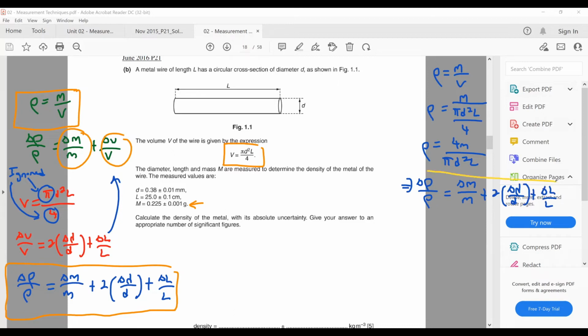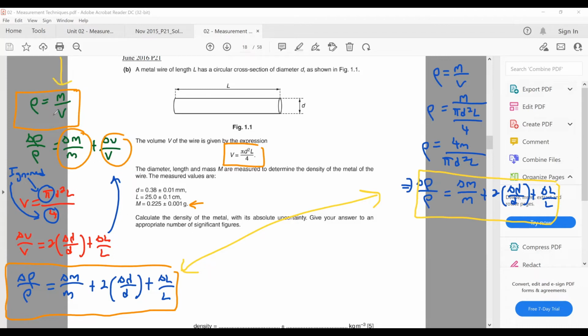So this one here is actually the same as what you have here. But when you compare the two different methods, this one is much more straightforward if you have just substituted the value of v straight. One of the things that people tend to do differently was this one.